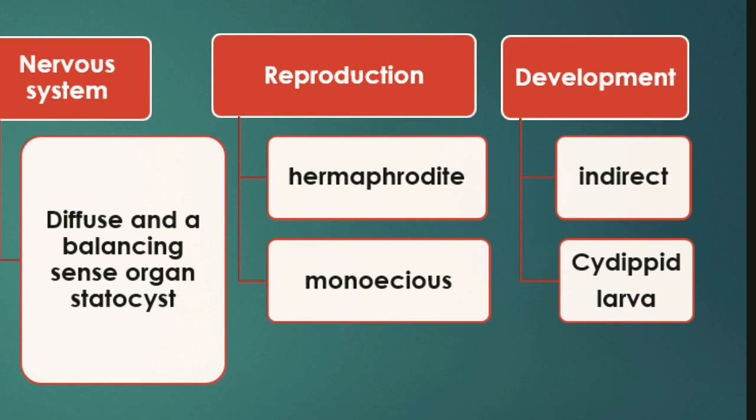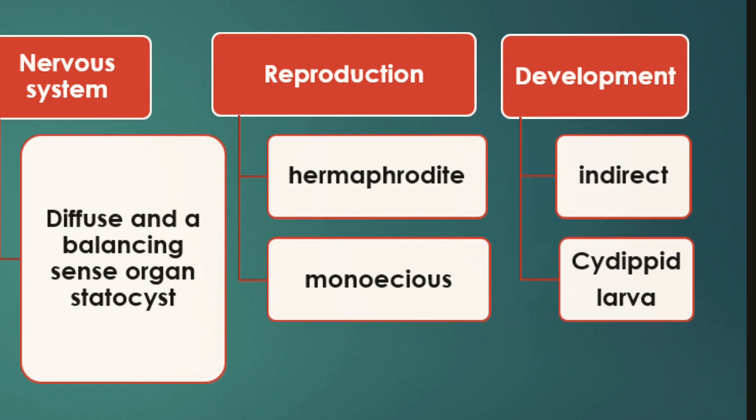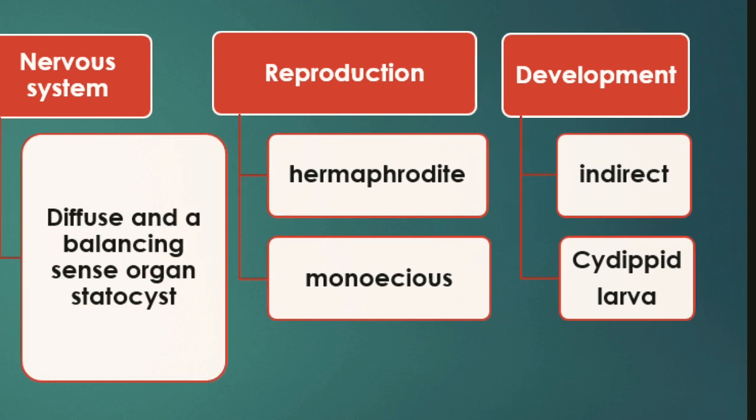Indirect and direct development, what do they mean? Direct development means when the birth takes place, or the new young one comes into the generation, that young one completely resembles the adult one.